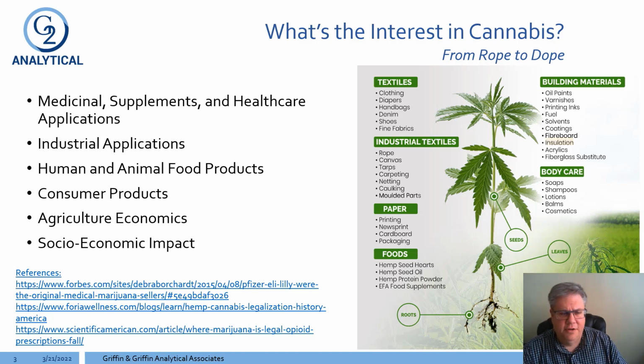So this is kind of an emerging market, this medicinal supplements and healthcare, and certainly has gotten a lot of attention from our media. But there are a number of industrial applications as well for hemp. And matter of fact, these applications are some of the earliest applications in known civilizations.